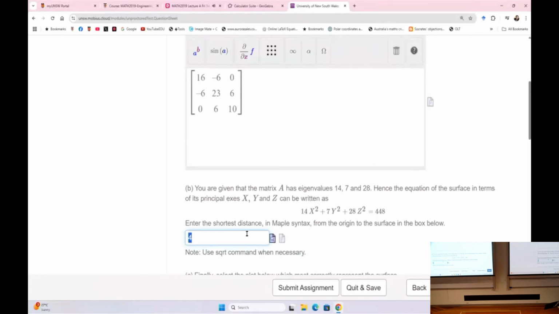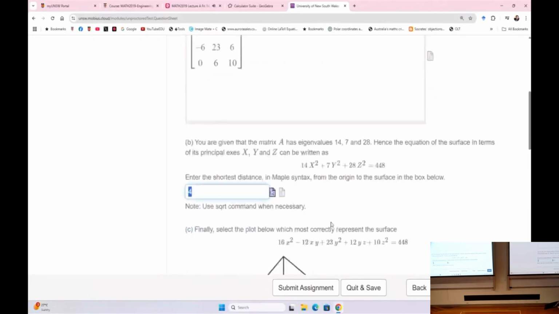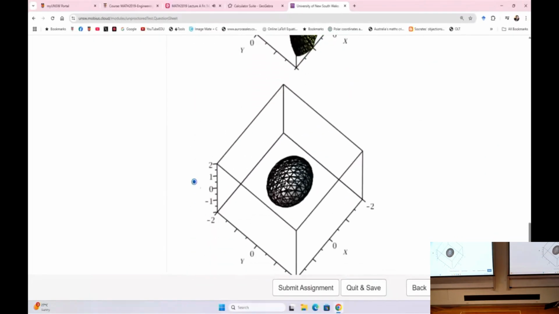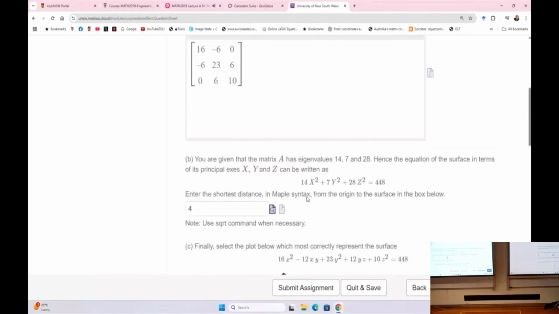Yeah, so you know that the closest point, if we go back to our picture for our ellipsoid, that the closest point to the origin, which is somewhere in there, lies on one of the axes, either the capital X axis, the capital Y axis, or the capital Z axis. We've just got to work out which one.